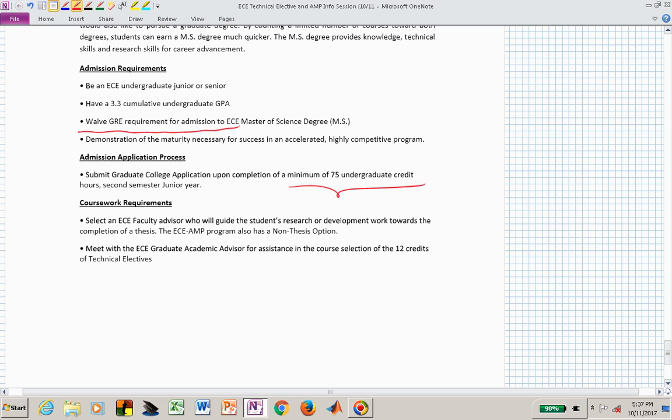I'm not sure that's listed here, but in order to start taking the 500 level classes, you have to be at the senior level, which means that you have at least 90 units on your transcript as far as what you've completed as a student. And a lot of you maybe are already seniors and you're taking our sophomore courses. That happens. But anyway, you have to be 90 units in order to be taking that.